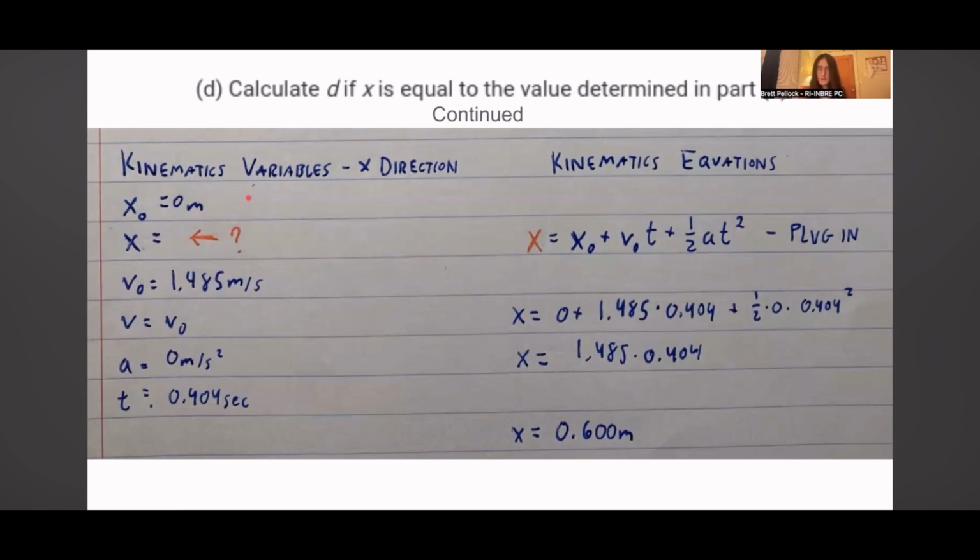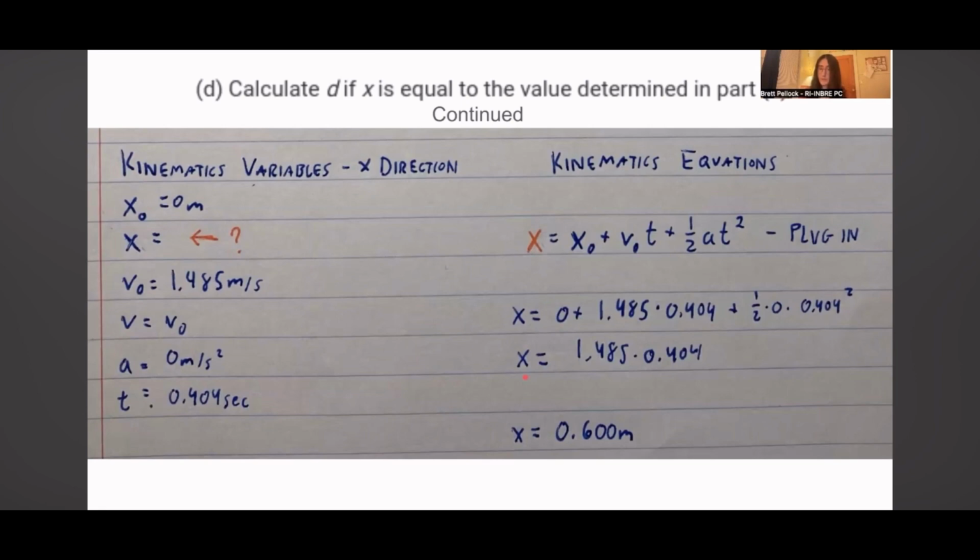Using these variables, we can easily use the equation, which turns out to be the same equation we used multiple times previously: x equals x naught plus v naught t plus 1/2 a t squared. We plug in, and luckily for us, x is already on one side of the equation. In addition, two of these terms will become 0 because of multiplication or just their value, so we just have one simple multiplication to solve before we can know x.